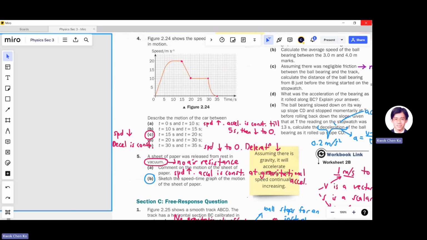Poorly drawn. Oh, the points don't align here. I don't know who drew this one. Oh, so lazy. Okay, well, very easy to draw graph. Oh yes.